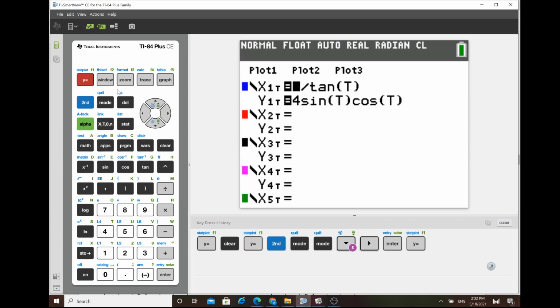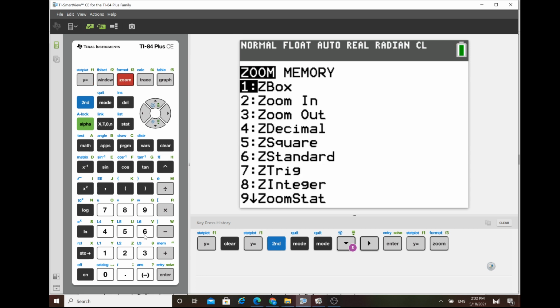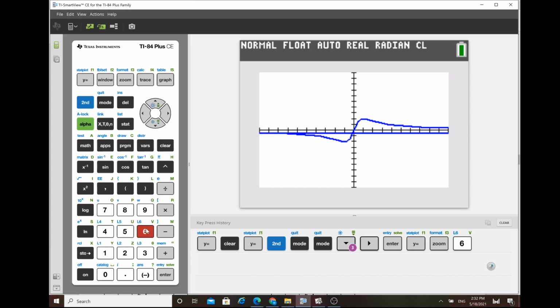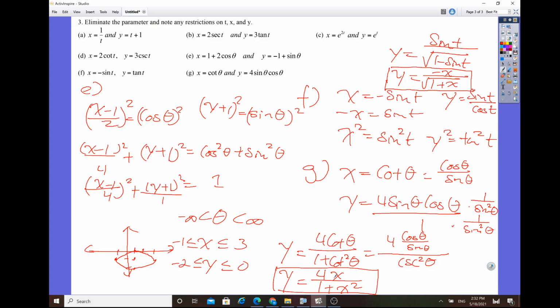This one is just one example: cotangent of t, 4 sine of t cosine of t, the one that we just did. So press zoom and then 6. Here we go. It generates the model, the one that we came up with, which is 4x over 1 plus x squared.